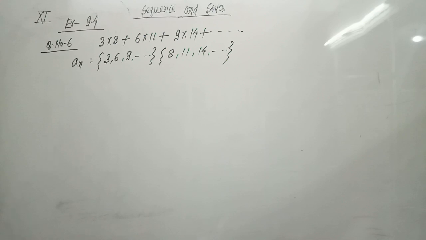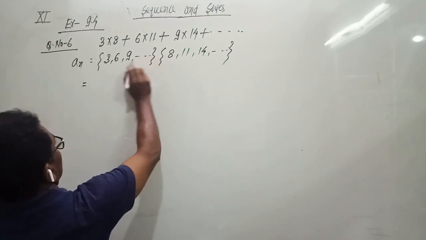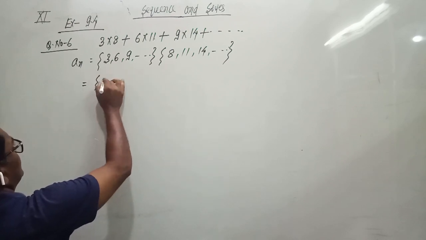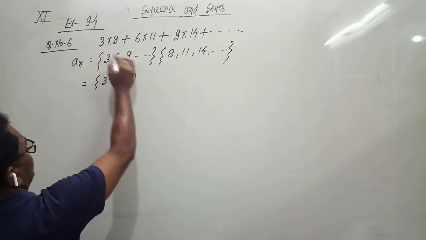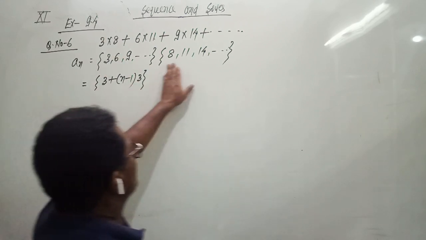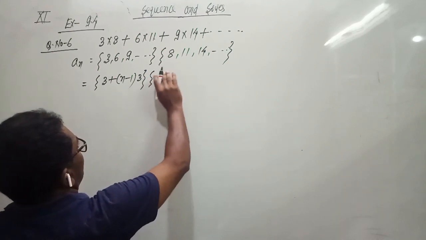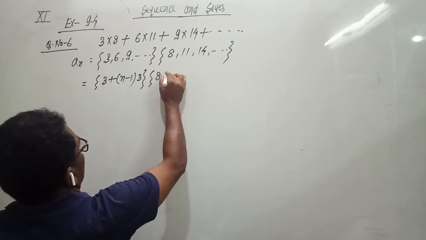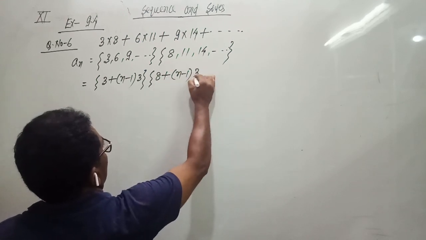So we find the nth term, a plus n minus 1 into d. 3 plus n minus 1, and in place of d there is 3. And this is also a term of AP. So a plus n minus 1 into d. Common difference is 3.